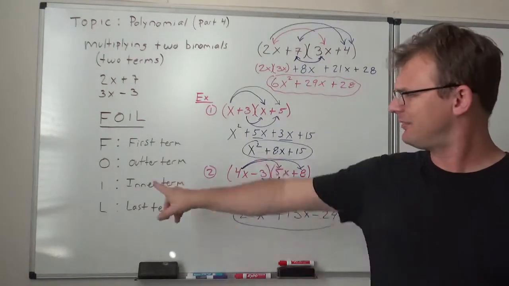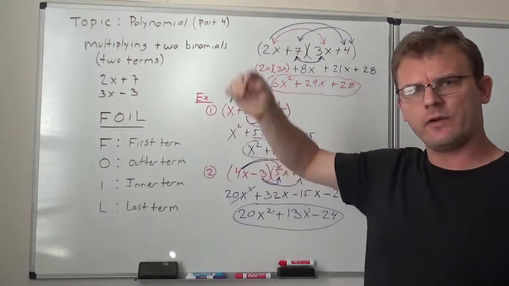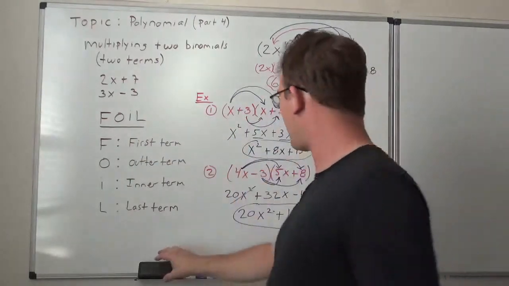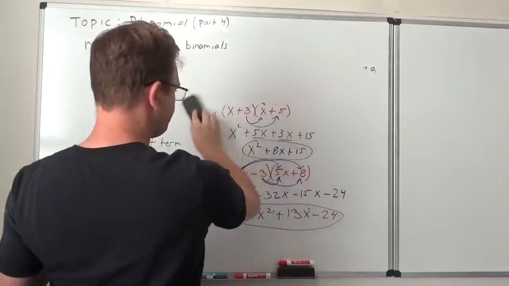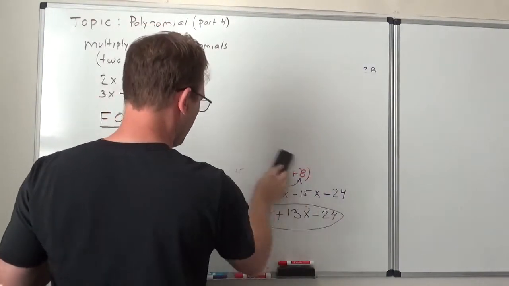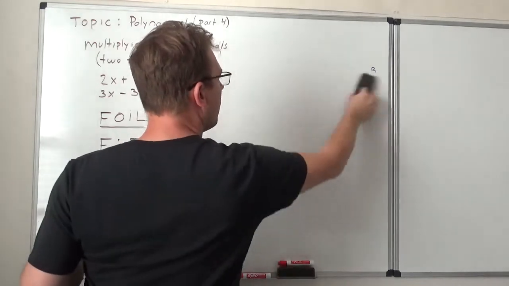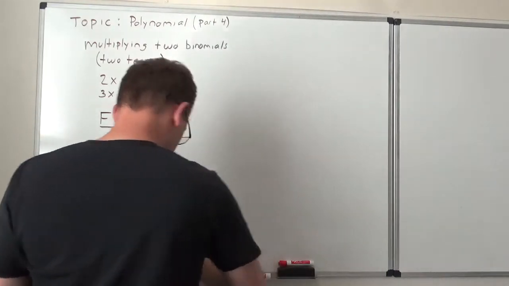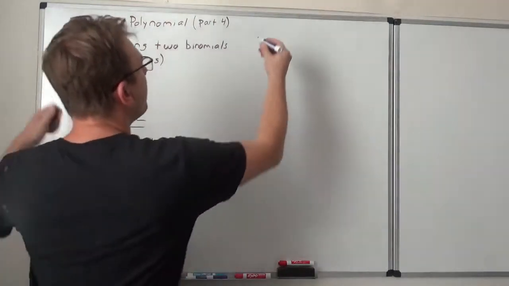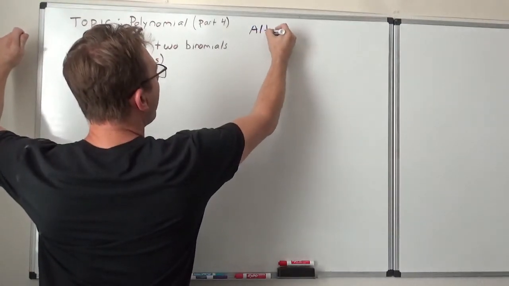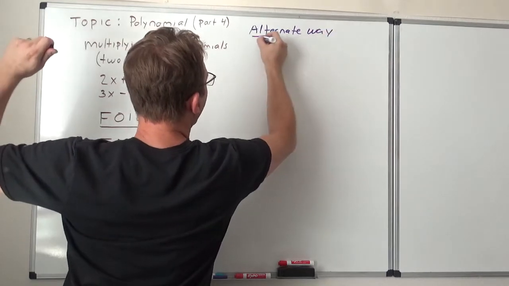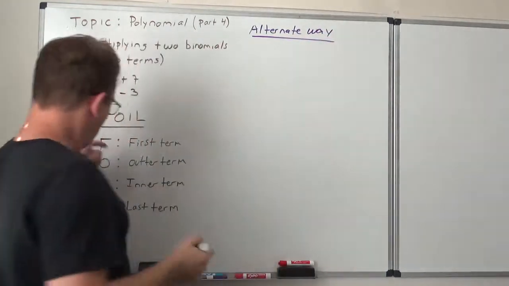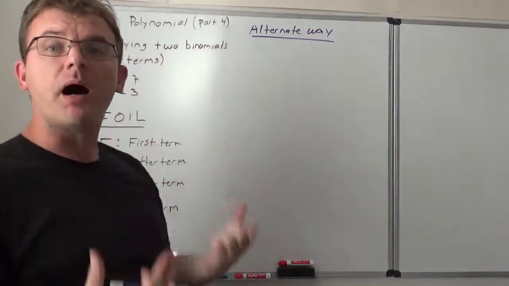Let's do this one and do an alternate way because some students like that. So I want to take this away. So, alternate form. Alternate way. So, we're going to do the FOIL, but we're going to do it in like a box way.